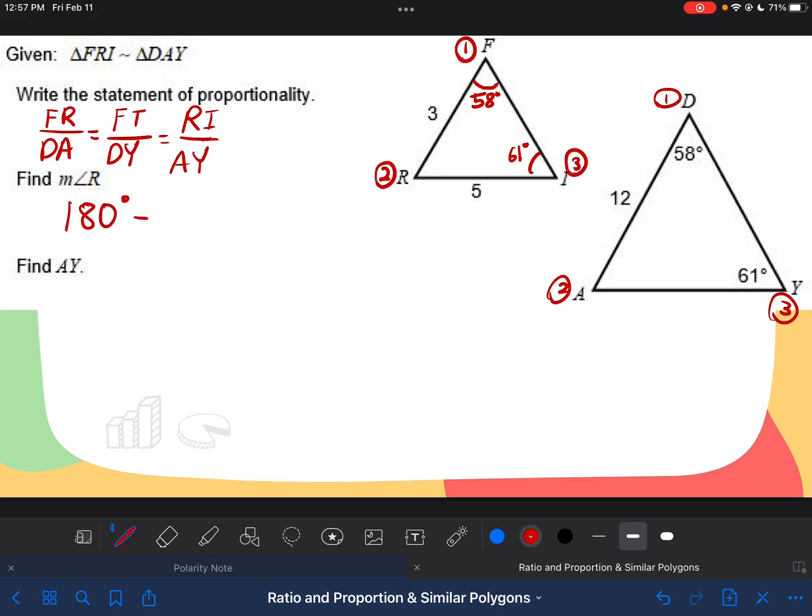So make sure to subtract 58 and 61, and that should give you 61 degrees after you solve it out. Okay? So make sure to know that the angles provided are congruent to the angles on the other triangle in this case.